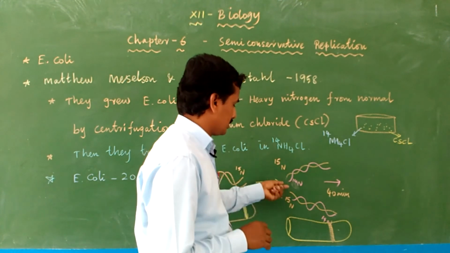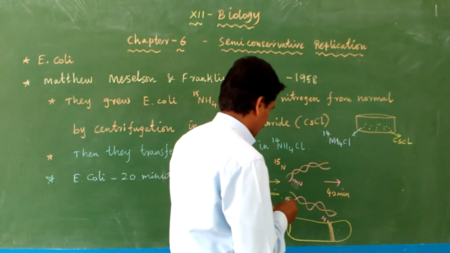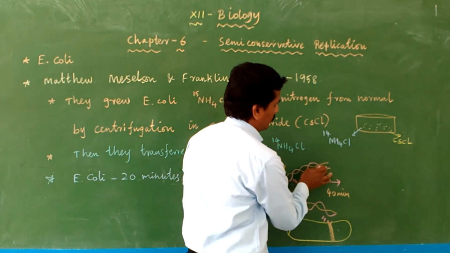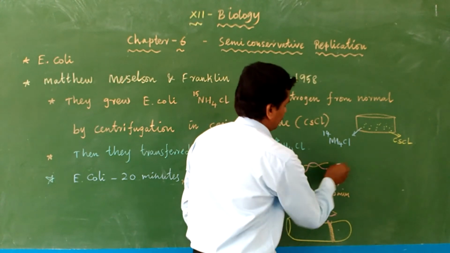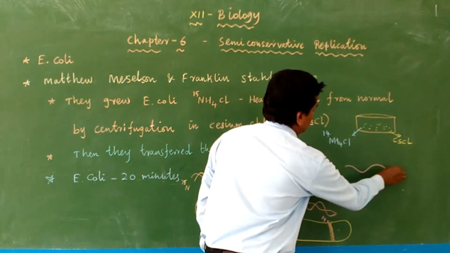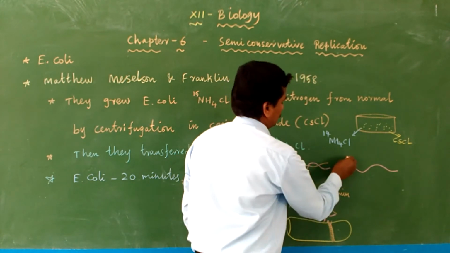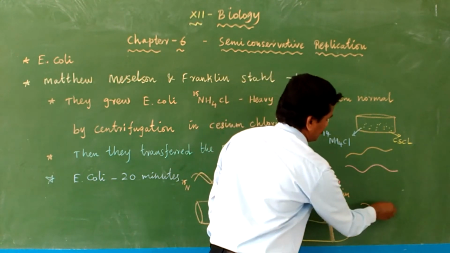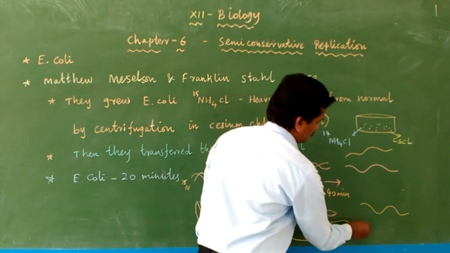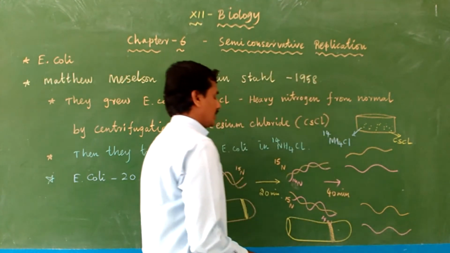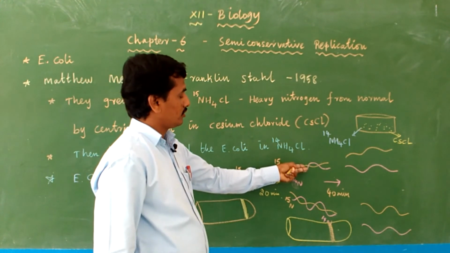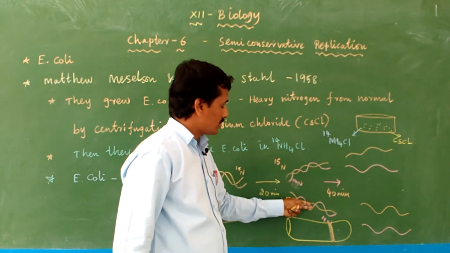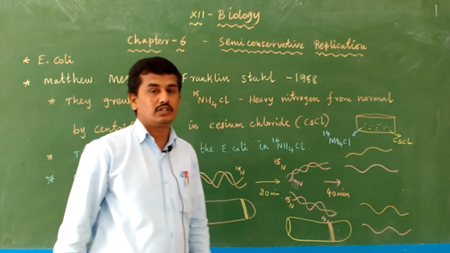Listen to the drawing carefully. In the next replication process, the DNA is replicated again. Once the double stranded DNA is separated into 2 individual strands, here also the double stranded DNA is separated into 2 individual strands.